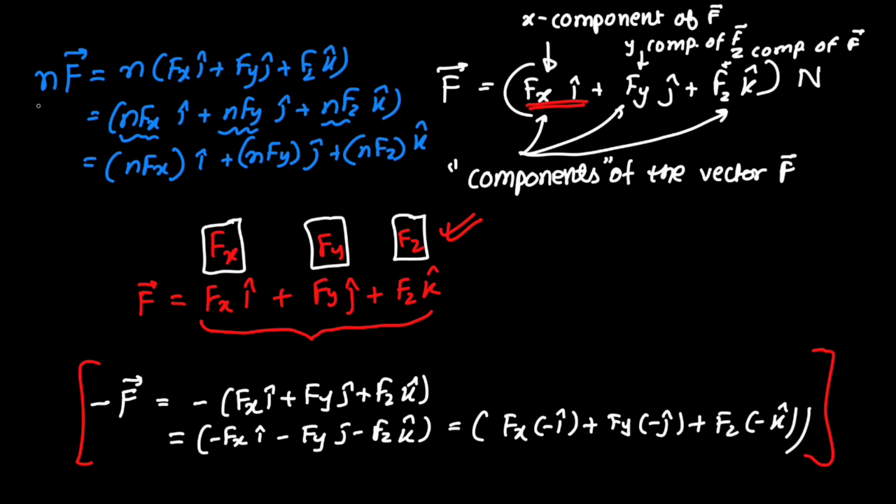And then you have a force that has a magnitude that is n times the magnitude of the original force. The magnitude of the original force was the square root of fx squared plus fy squared plus fz squared.